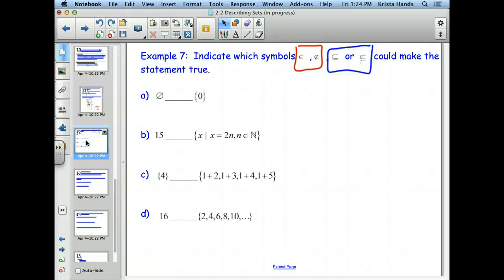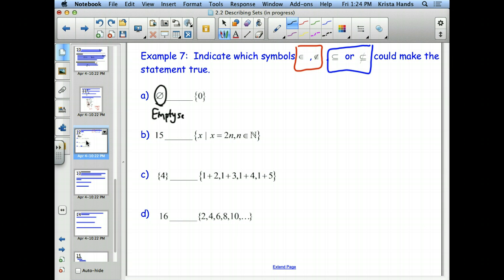Okay, so we've got to decide if the first item is an element of the second one. That's the issue. So over here, this notation right here, what does that mean? That's the empty set. Now, there's a really important word that I just wrote down right there. That word is the word set.